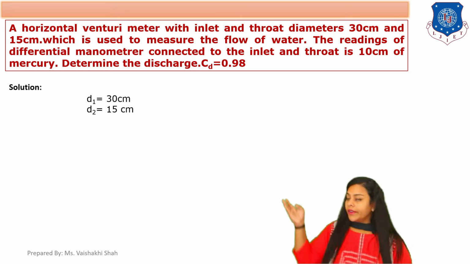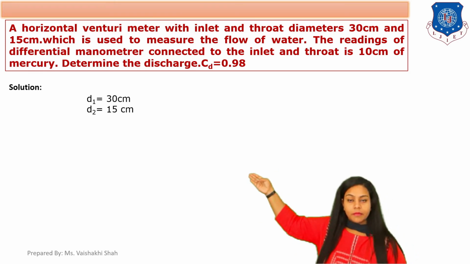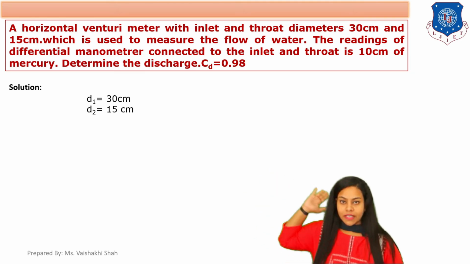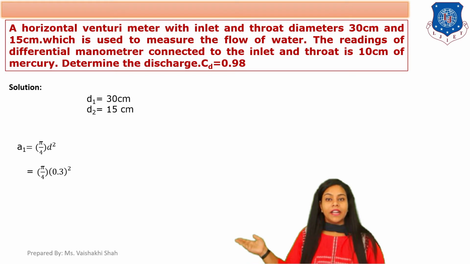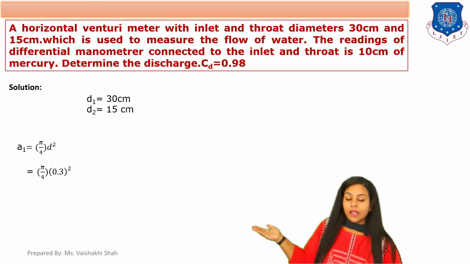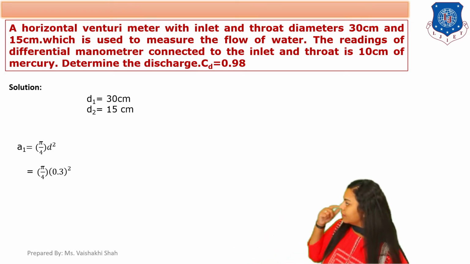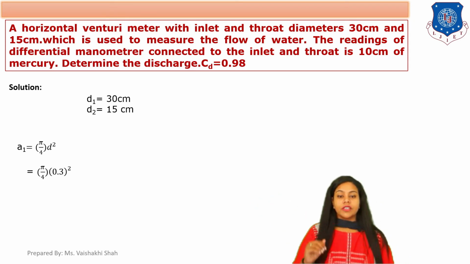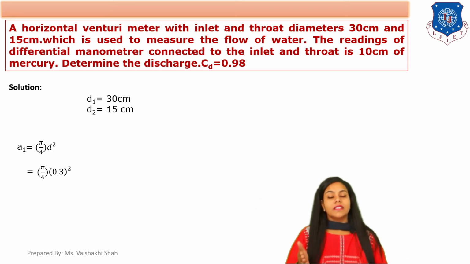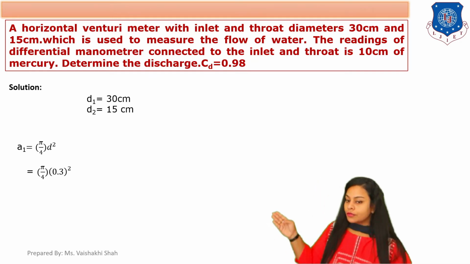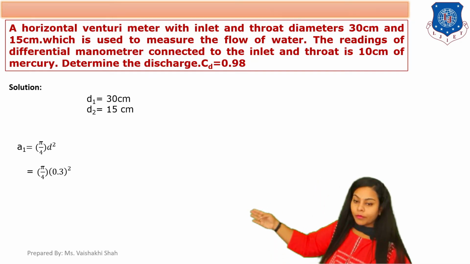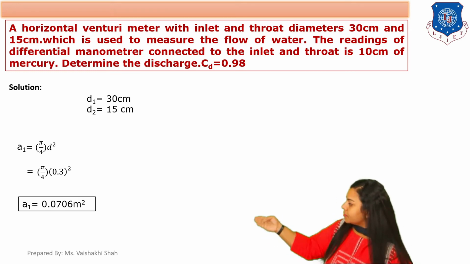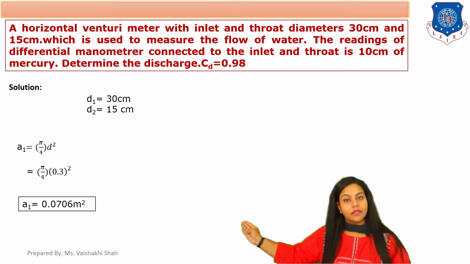In data, D1 is 30 cm and D2, diameter at section 2, is 15 cm. Now you can find area A1 by using the equation A1 equals pi by 4 D1 square, where D1 is 0.3 after converting centimeter into meter. So A1 equals pi by 4 into 0.3 square, that is A1 equals 0.0706 meter square.